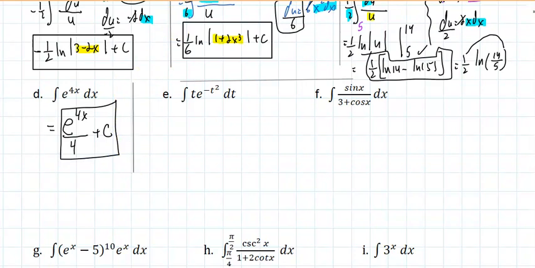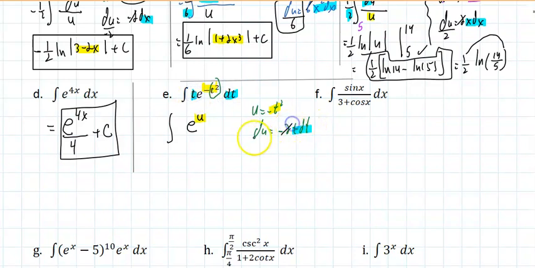If I look at e, I let u equal, traditionally, the power, negative t squared. du is negative 2t dt. By the way, you could let u equal t squared only if you wish. Both ways you'll get the same answer. There's my u, so I have e to the u right there, and t dt is my du.